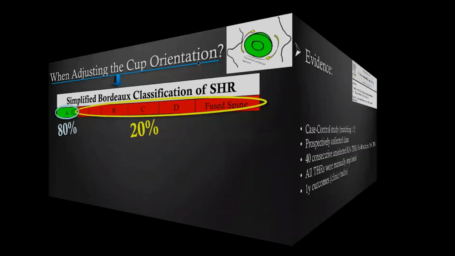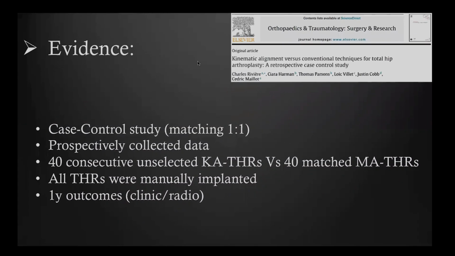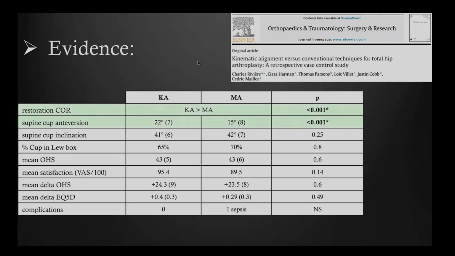We published last year a case control study where we compared 40 consecutive kinematic hips with 40 matched mechanical alignment hips. Everyone was implanted manually, and it was a 1 year outcome. We found the kinematic technique better restored all the anatomical parameters. This was expected. Also, supine cup orientation as measured on supine X-ray was significantly higher in the kinematic group compared to the mechanical group, 22 degrees versus 15.